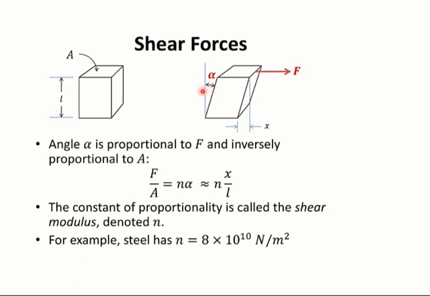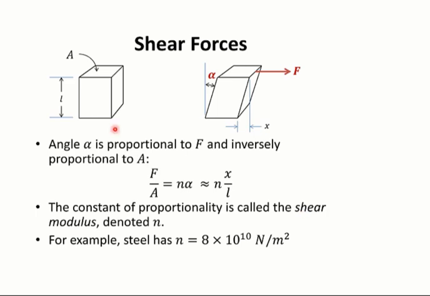So the shear stress is actually proportional to this angle, which can be thought of as relative displacement, that is, this displacement x over the length of this object, which is L. Okay, so we can write down the shear stress to be proportional to this alpha, with a constant of proportionality which we can call the shear modulus of elasticity, or simply shear modulus.